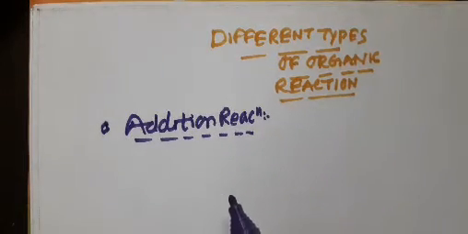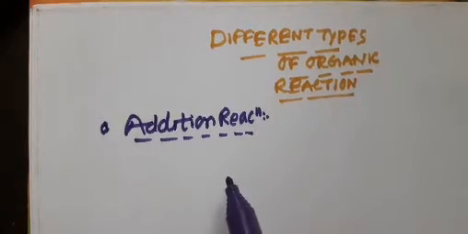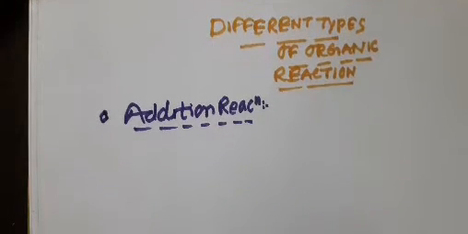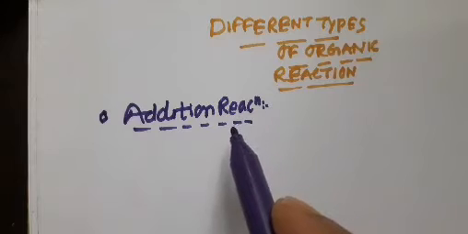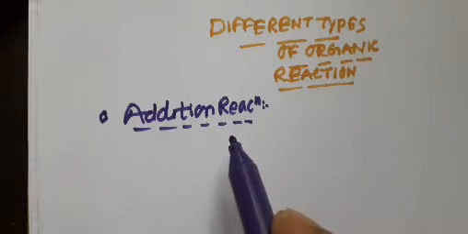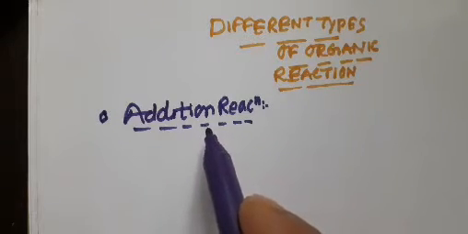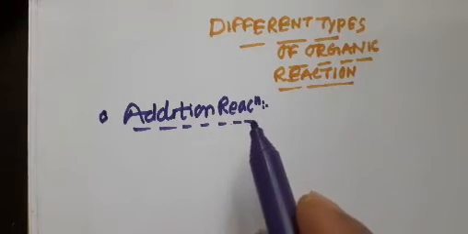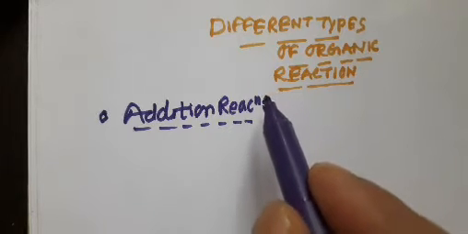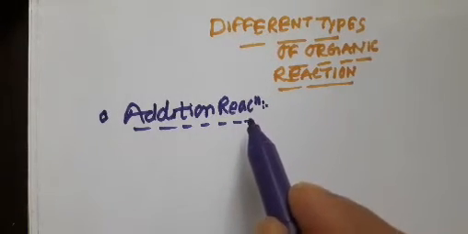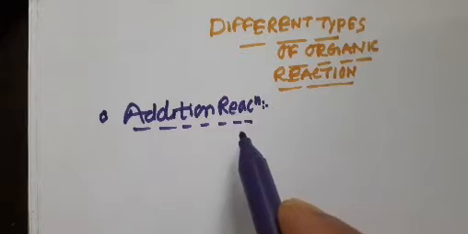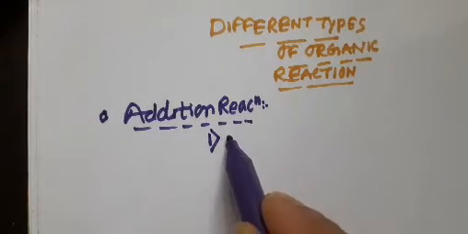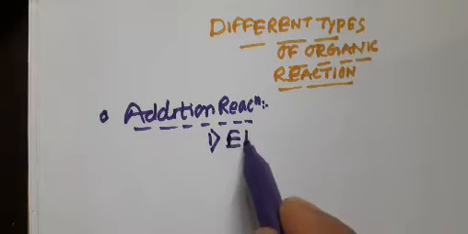When a reactant molecule combines with the new atom or group of a reagent molecule without the removal of atom or group from the reactant molecule, the resultant product is known as addition product and the reaction is known as addition reaction. Addition reaction causes saturation of the product and it is classified into three different parts.